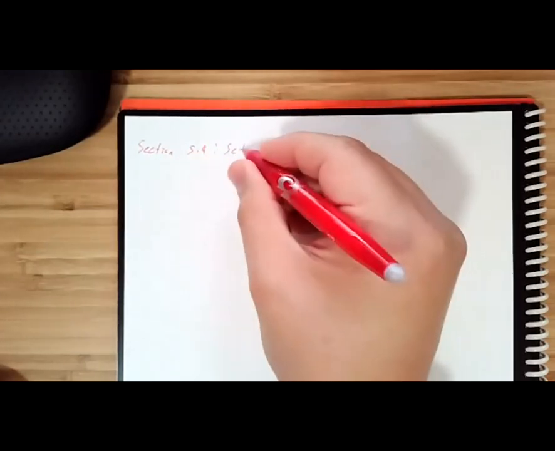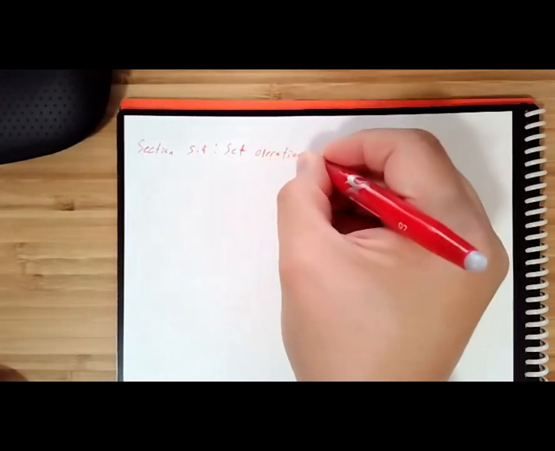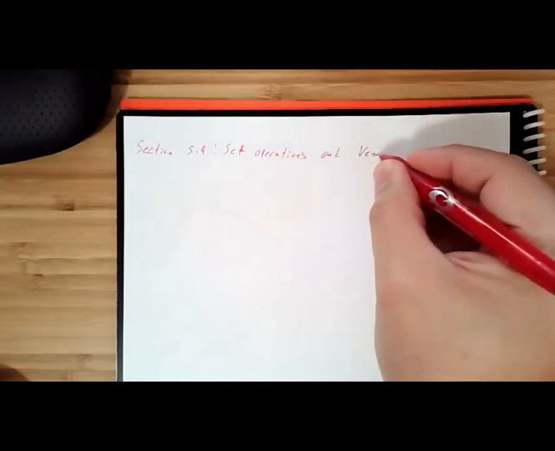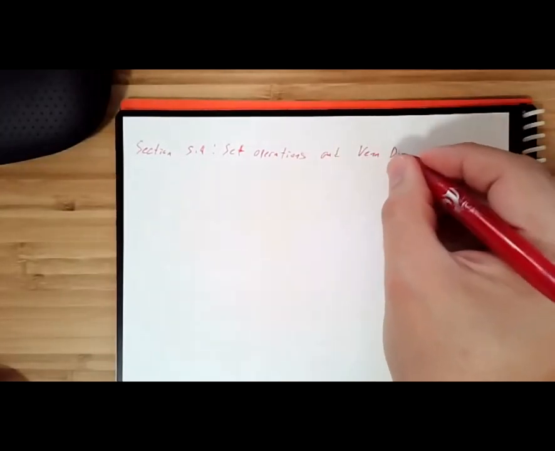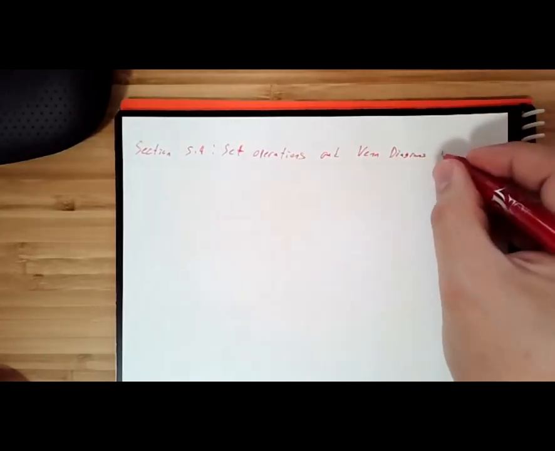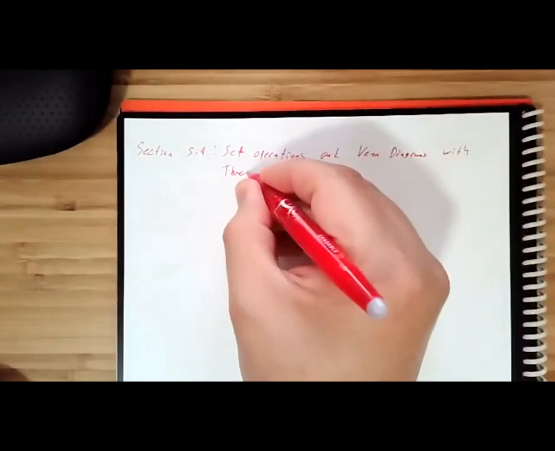So 5.4 is about set operations. Venn diagrams with 3 sets.